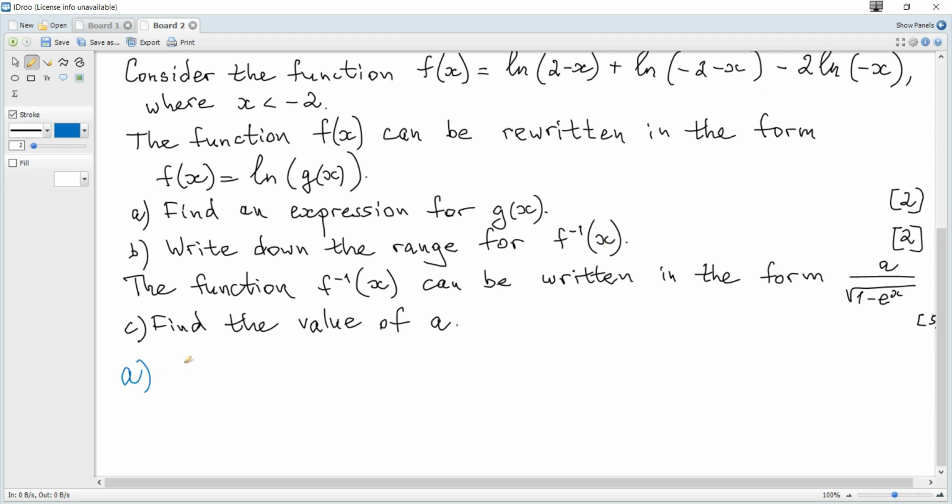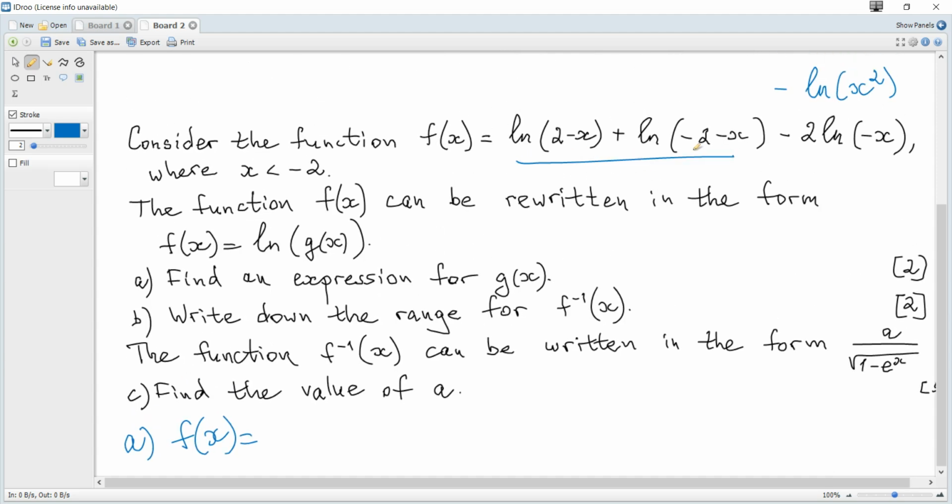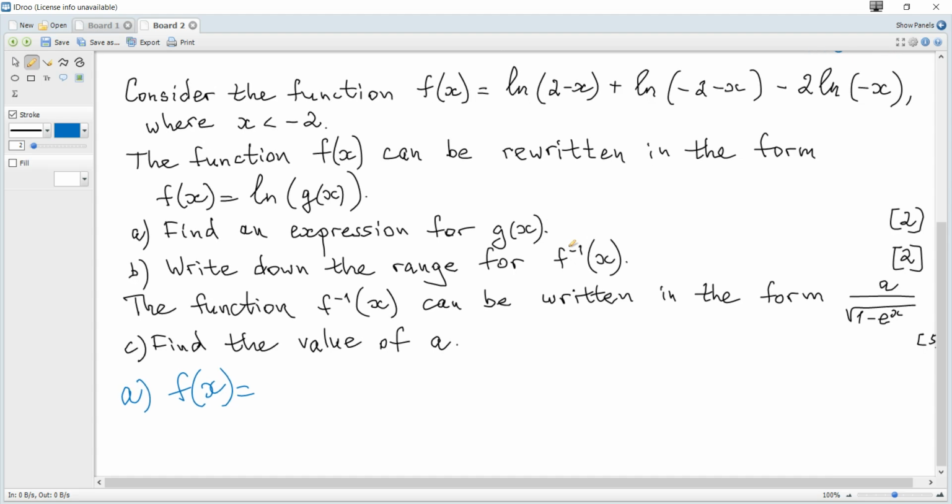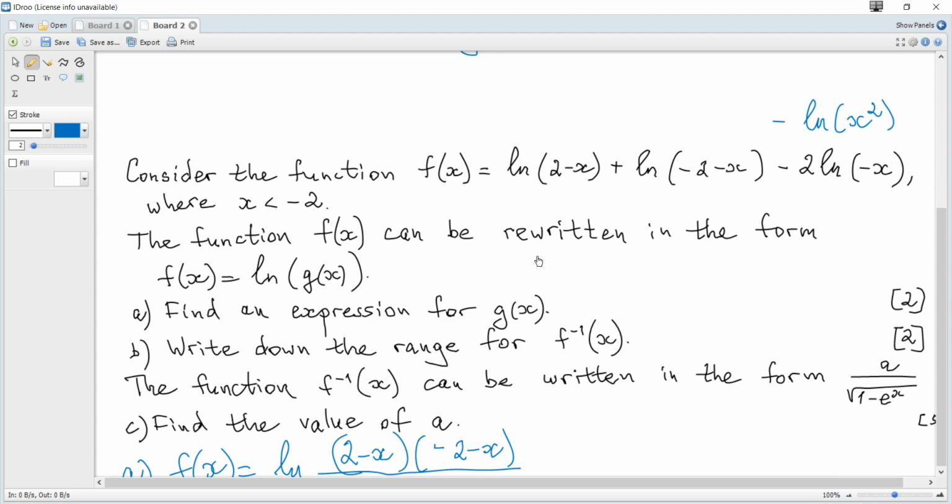So f of x can be rewritten as plus, so it's ln of a product, minus, it's ln of a ratio, so it becomes ln of 2 minus x multiplied by negative 2 minus x divided by x squared.